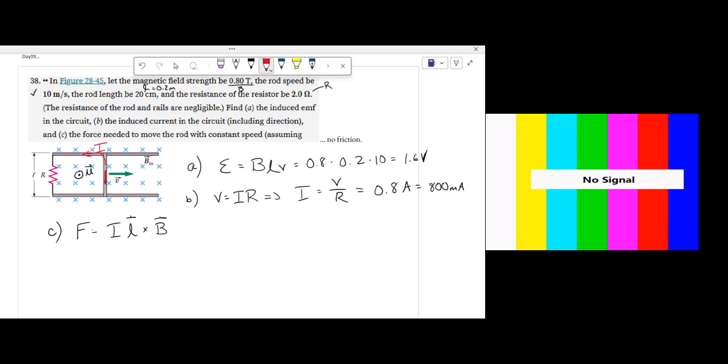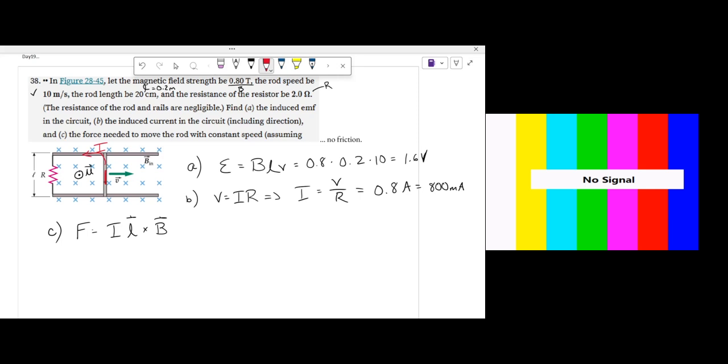Correct. That's a different right-hand rule. That's to figure out the force. I was just trying to figure out the direction of the current here. You align your thumb for the direction of the current, and then you reach out to the point that you're trying to measure to. So I'm reaching out to the left, and so my palm points out. That's going to be the direction of the induced moment.